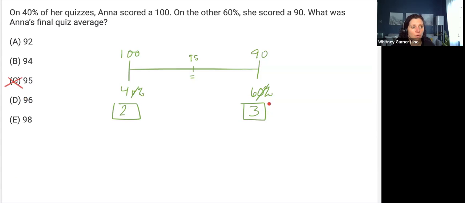I also know that the grades of 90 are going to have a bigger impact on her score because she had more of them. So that means that Anna's GPA, her overall final quiz average, is going to get pulled towards the 90 end of things. So I know that it can't be a grade above 95. And so I will eliminate either of those.